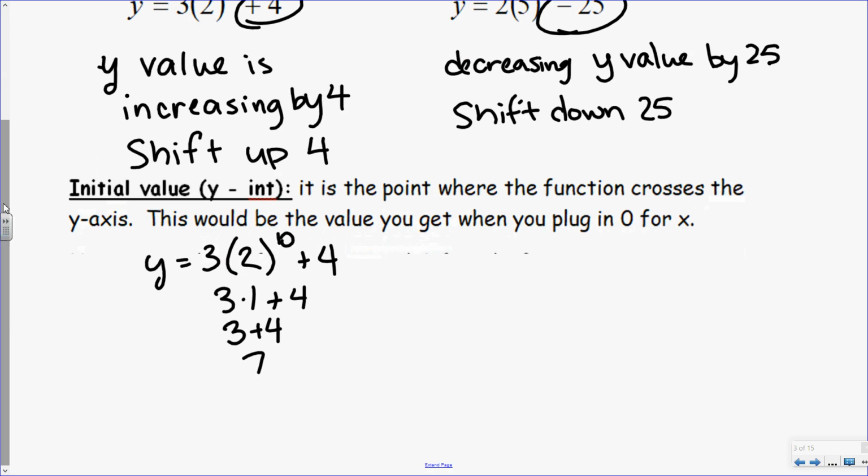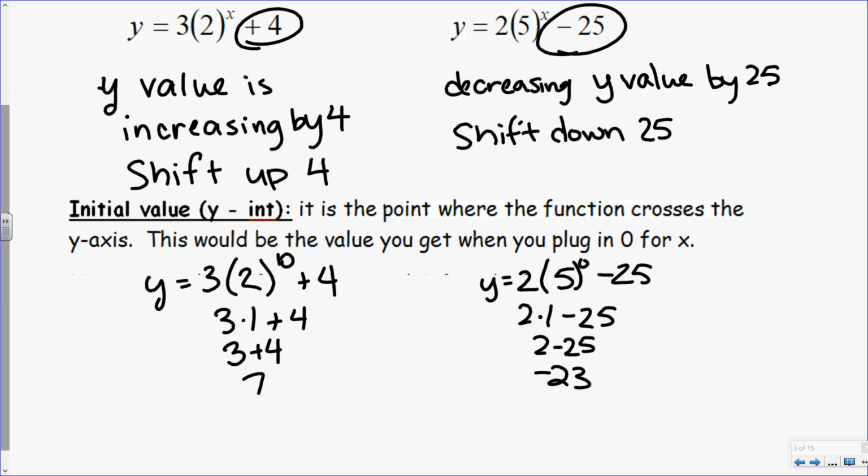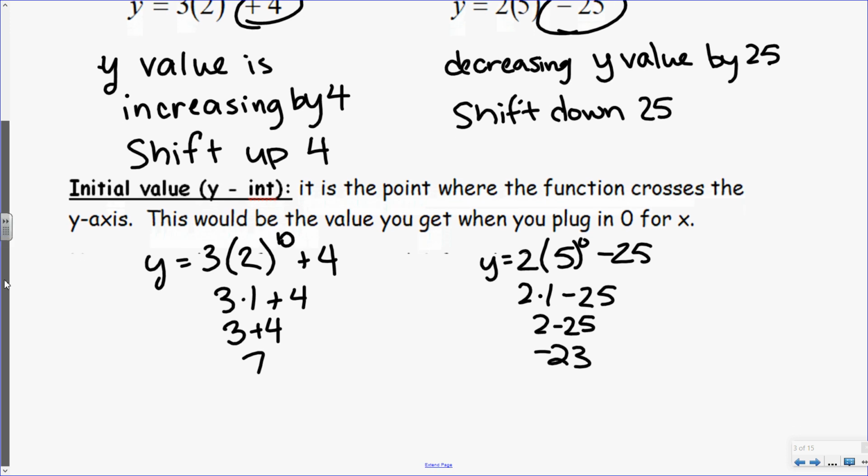The other one, when I have 2 times 5 to the 0 minus 25, 2 times 1 minus 25, so 2 minus 25. So my initial value is going to be at negative 23. And from there, I am going to increase.